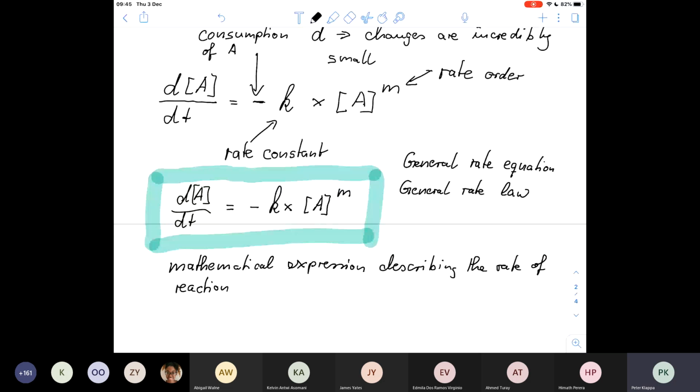Just simply a mathematical way of describing how fast.